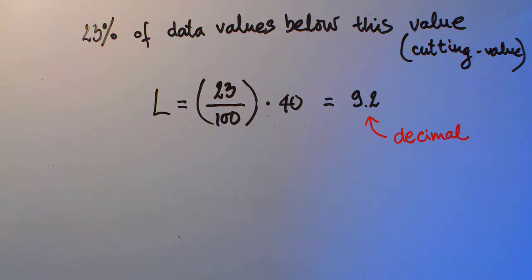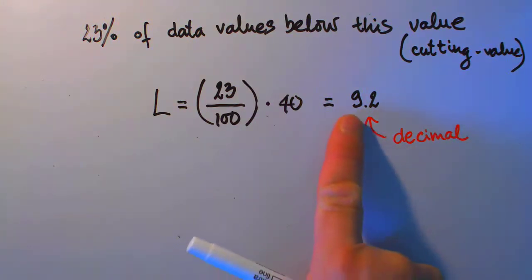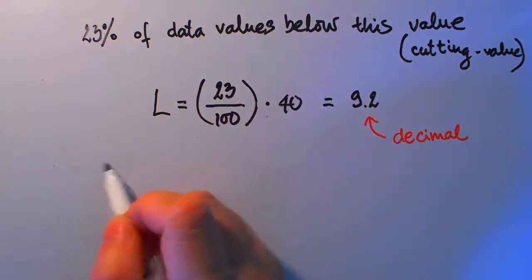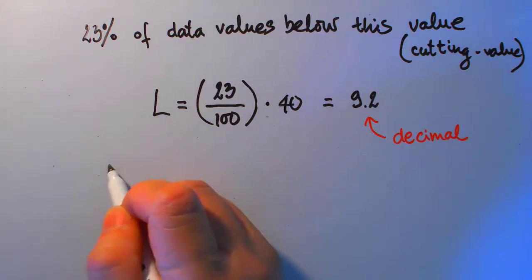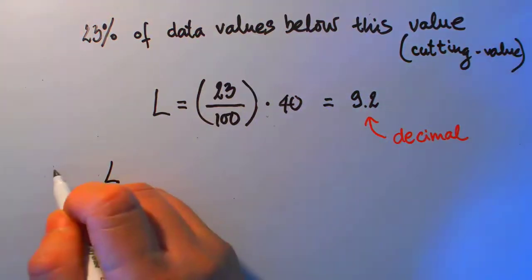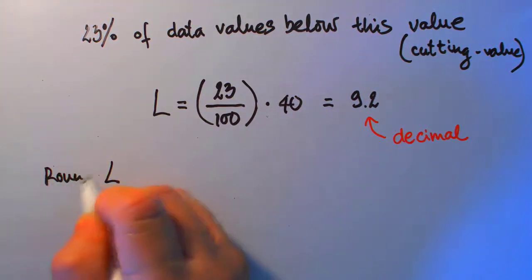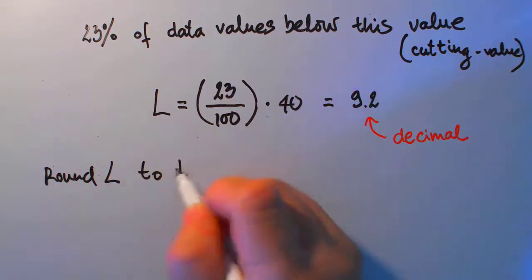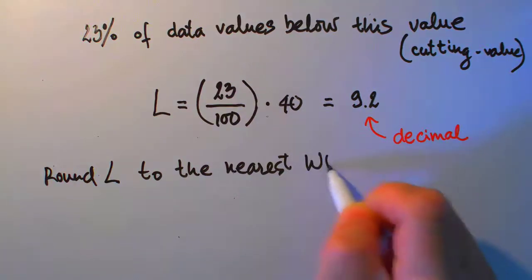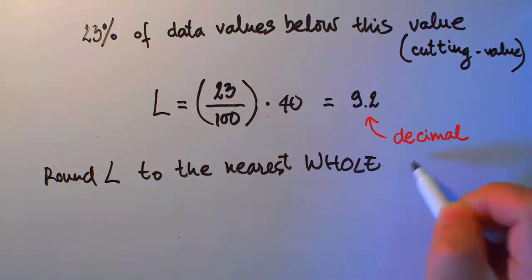For that reason, if you think a little further about this decimal locator, it must be rounded to a whole value. The rule is that when your locator is a decimal like this, we round L to the nearest whole value above.